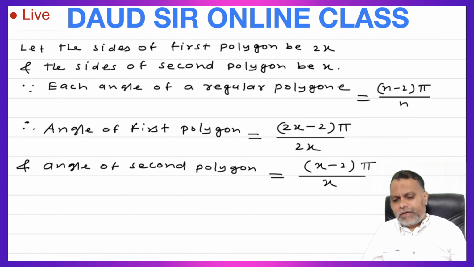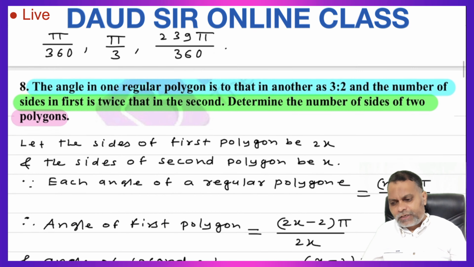So the ratio of these two angles in first polygon and second polygon is given 3 is to 2.